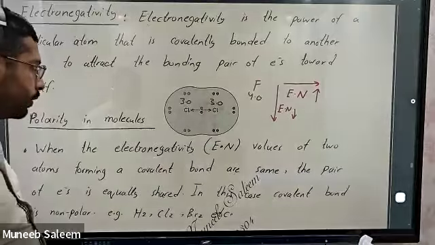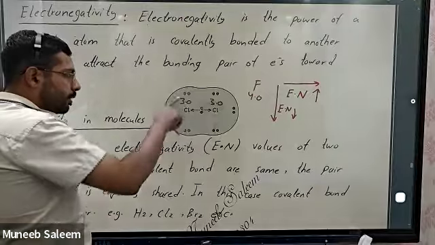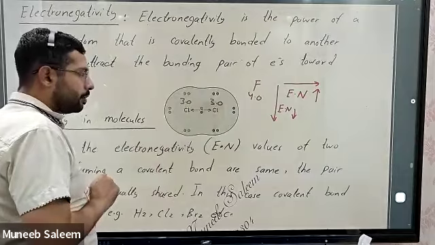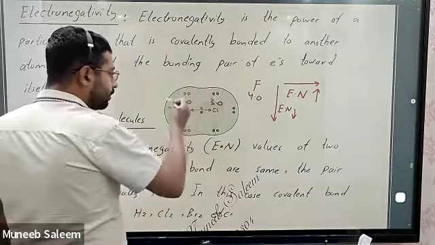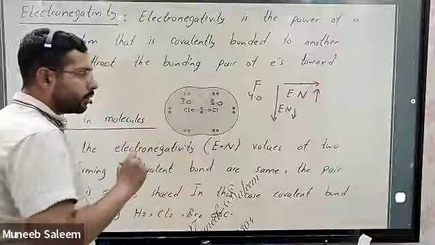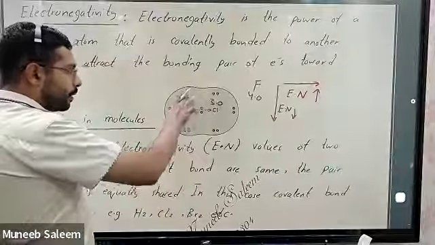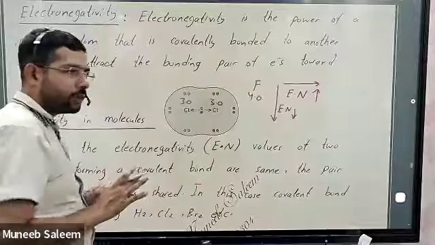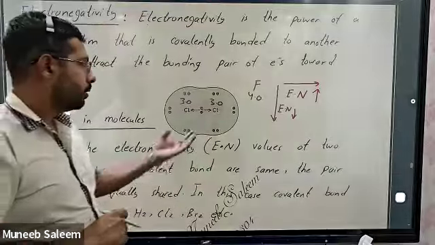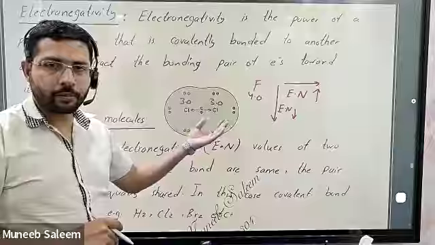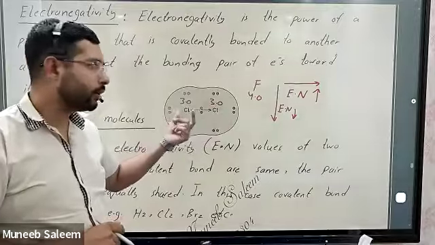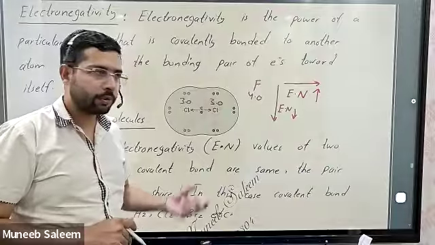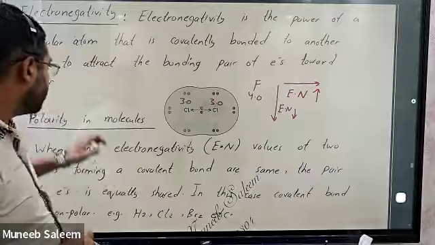So we can say the electron density of this whole Cl2 molecule will be symmetrical. This structure is the structure of the electron cloud. Now you can see there is symmetry on both sides, which means electrons are not being pulled to one side more as compared to the other side. You cannot say there is unsymmetrical distribution of the electrons within this Cl2 molecule.